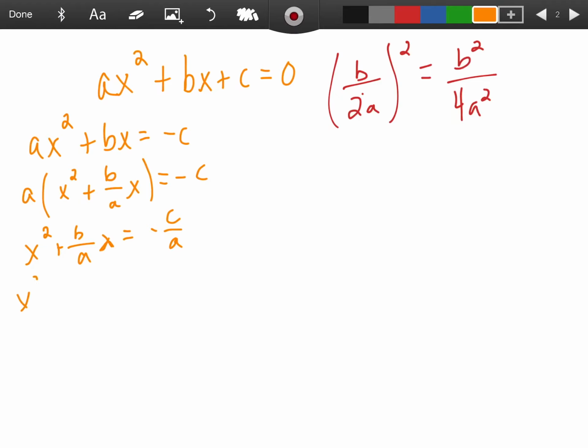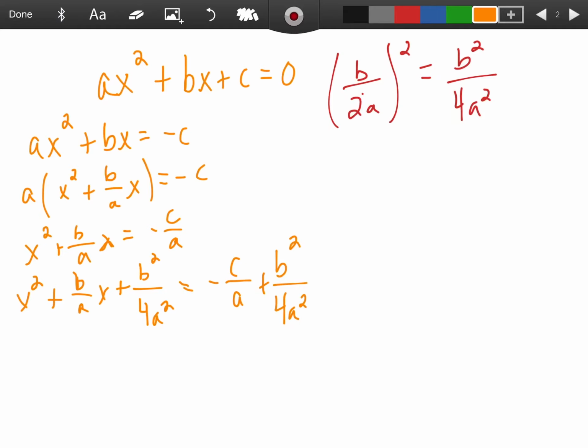So I have x squared plus b over a x plus b squared over 4a squared equals negative c over a plus b squared over 4a squared.